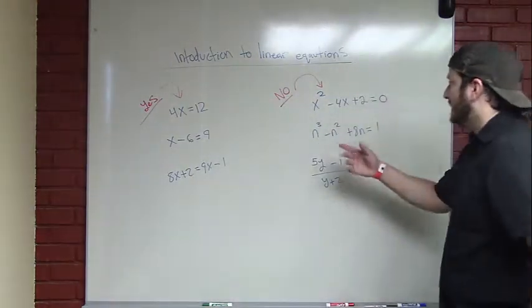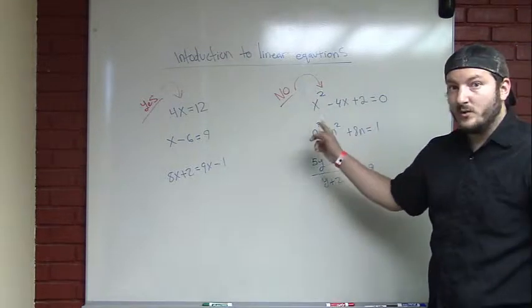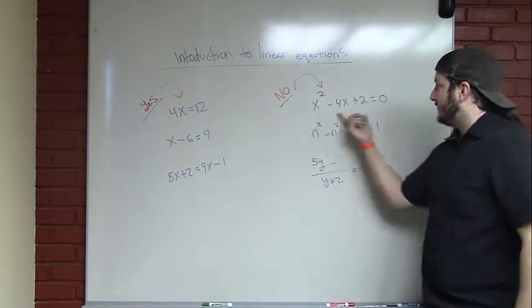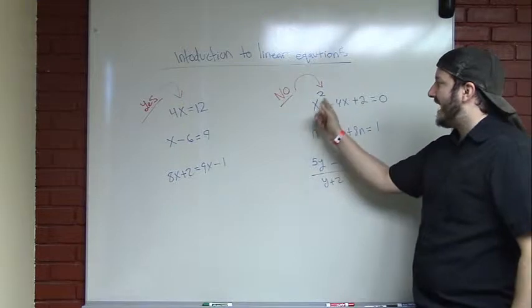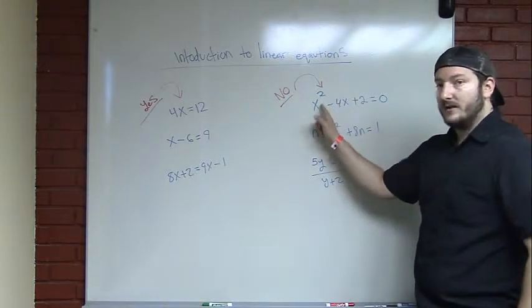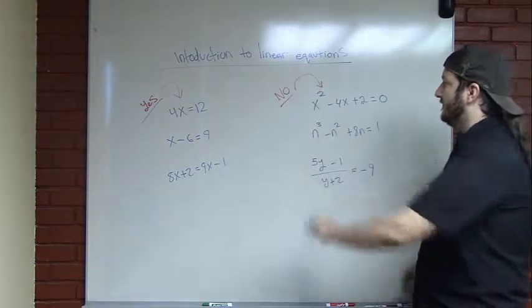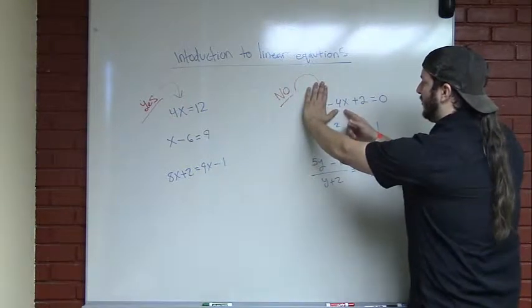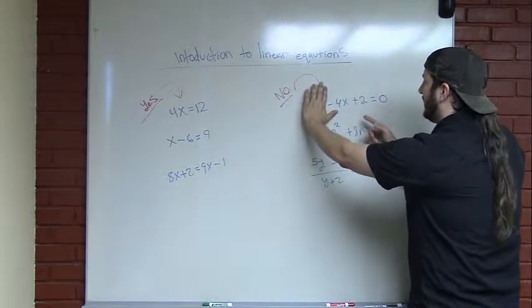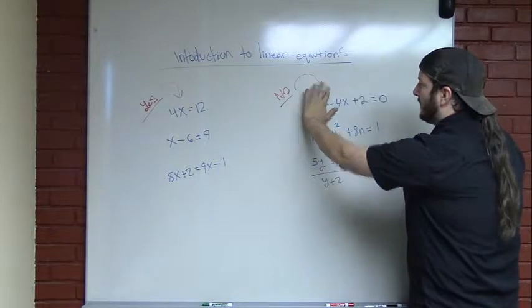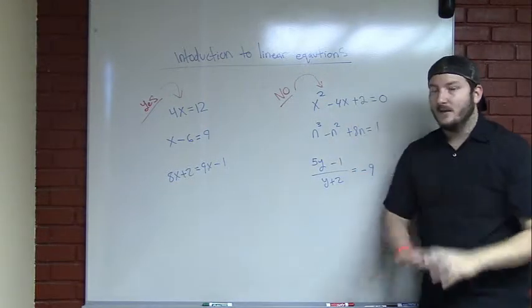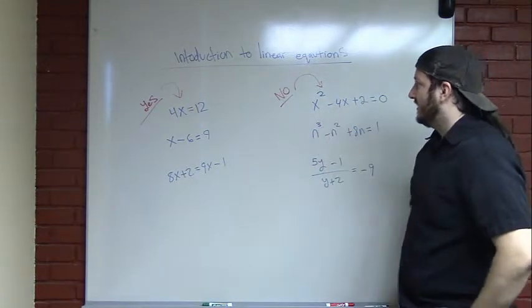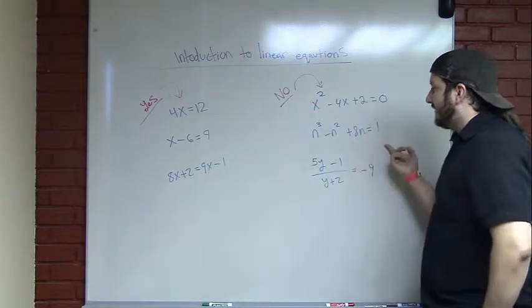Now, these are not linear equations. Why? In your first example here, it's because we have an x squared here, okay? If there was no x squared, and we just had the negative 4x plus 2 equals 0, then it would be linear. But, boom, this x squared messes it up. So this is not a linear equation. How about this guy here?